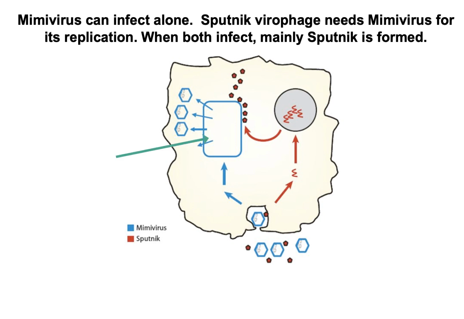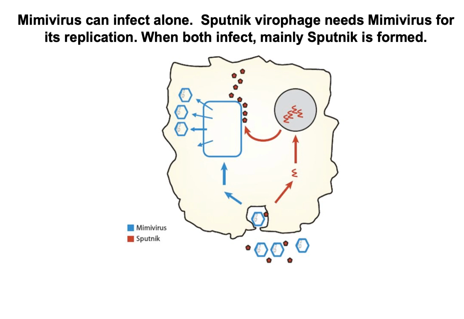It still makes the same proteins, sets up the organelle, and starts producing virus particles, but only the Sputnik genome is encapsulated into those viruses, and then eventually it lyses the cell, producing all Sputnik virus particles rather than virus particles.